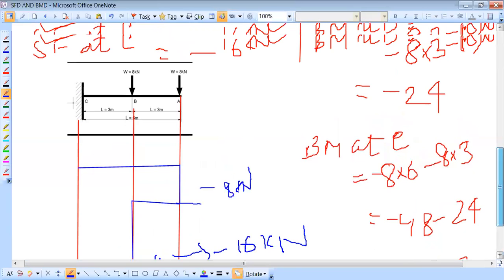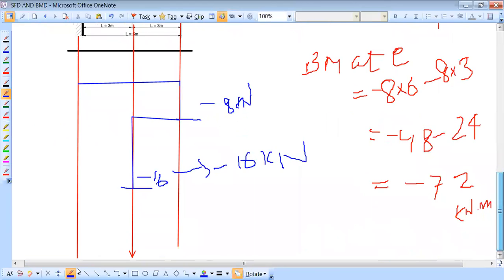Then what is the SF at point C? Again -16. So draw it this way. This diagram is called the SFD.